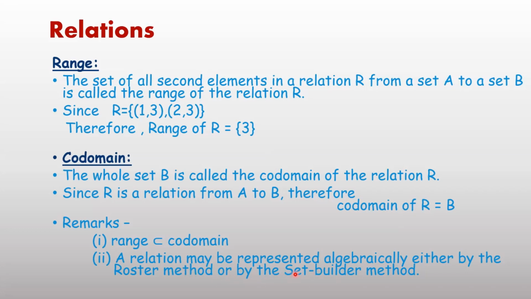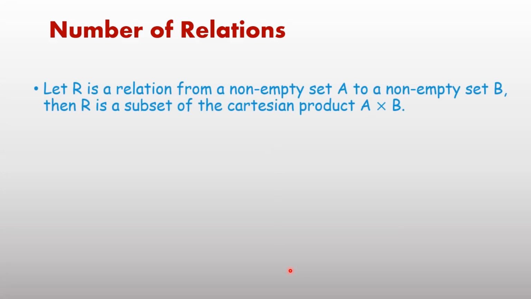Now, number of relations. R is a relation from a non-empty set A to non-empty set B. Then R is subset of Cartesian product A cross B. Already we have covered this topic, definition of relation.